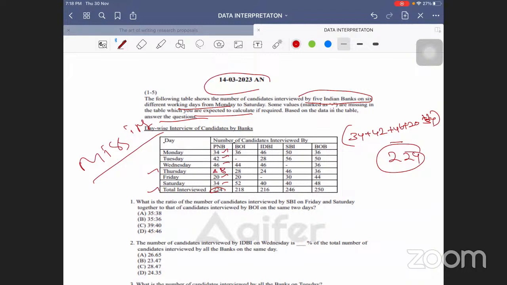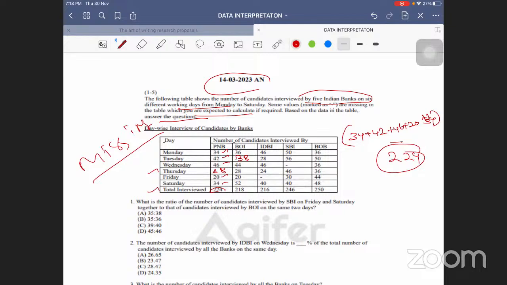Please find every other bank also using the same method. So 36, 44 plus 28 plus 20 plus 52, 180 minus 218. So here it is 38. Okay, IDBI: 46 plus 28 plus 46 plus 24 plus 40, 184, minus 216 total.